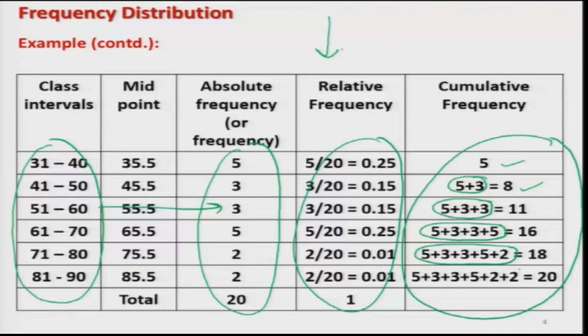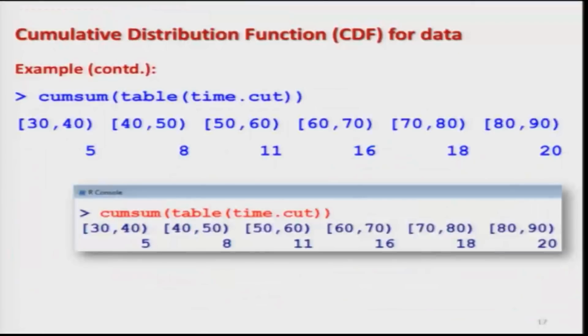The last one, the 6th cumulative frequency, is going to be the sum of all 6 frequencies, which is equal to the total number of observations. You can see that you are getting the values 5, 8, 11, 16, 18, 20. Now, once you obtain the outcome of cumsum, you can verify that you are getting the same outcome: 5, 8, 11, 16, 18, 20.